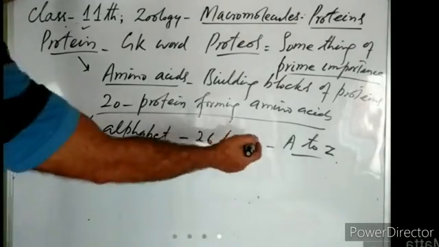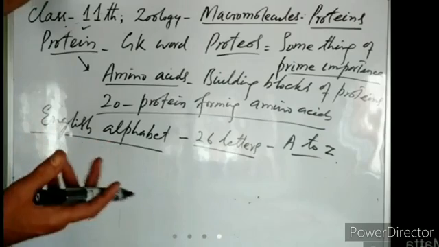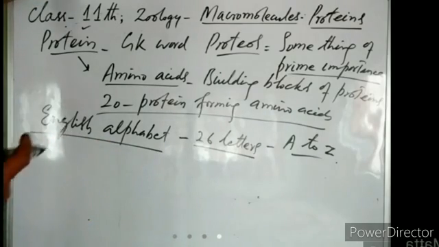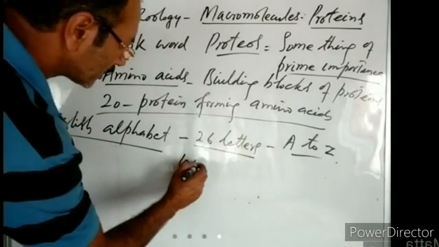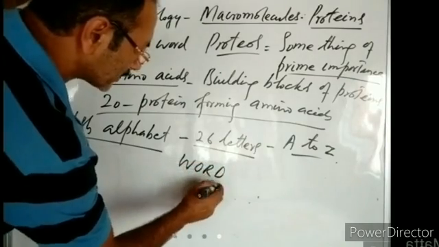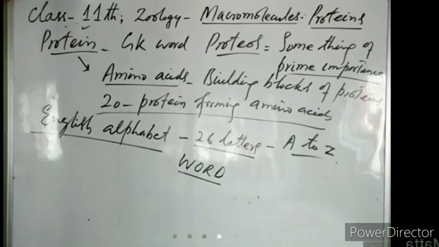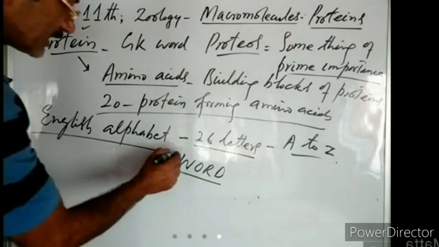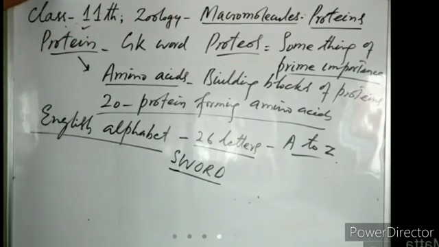When these 26 letters A to Z are used in different combinations, they form different words. For example, if we use W, O, R, D in combination, what does it form? It forms a word, right? If we add just S in front of it, it forms another word, sword, but the meaning is different.